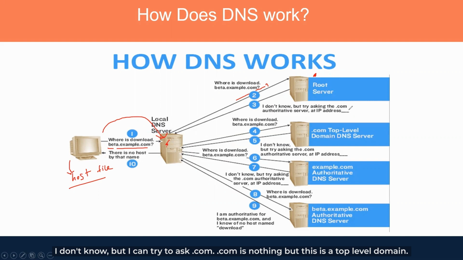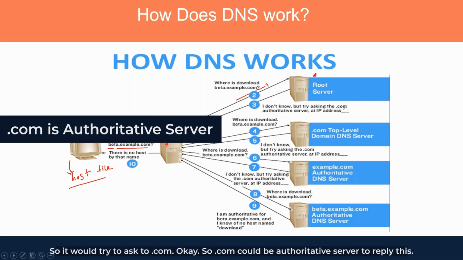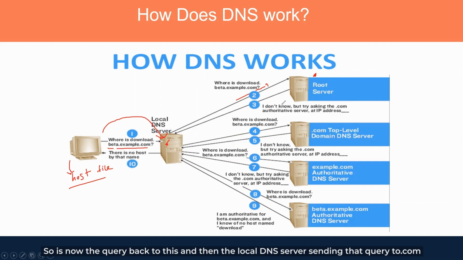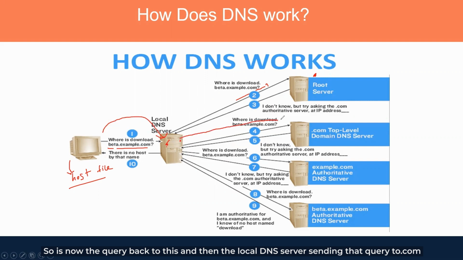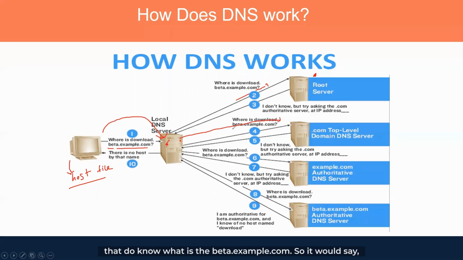.com is nothing but a top level domain, so it would try to ask .com. Okay, so .com could be the authoritative server to reply to this. So the local DNS server sends that query to .com: do you know what is beta.example.com?